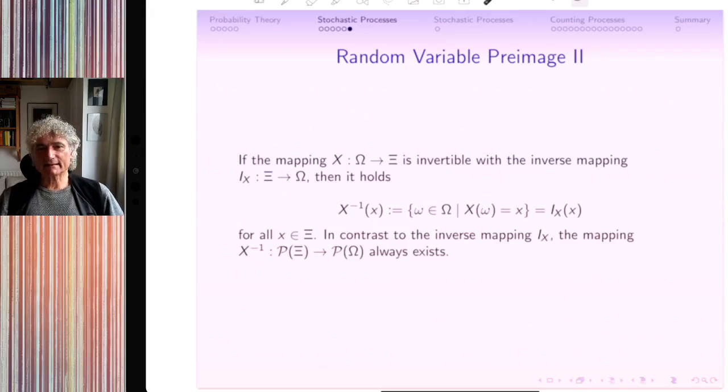Then this is exactly this kind of inverse mapping I_X, which we have looked at before. And this holds, of course, for all x in the observation space capital Xi. But in contrast to the inverse mapping I_X, the pre-image mapping, which is defined on the power sets of Xi and omega, always exists.